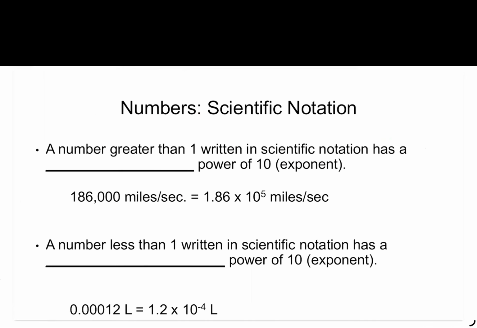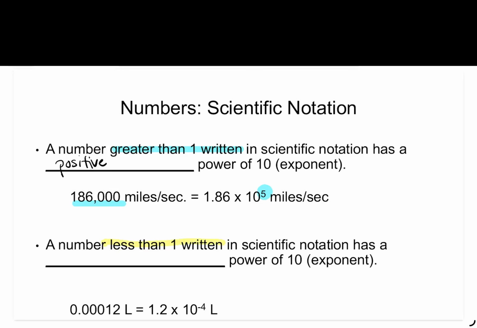A couple of things to note in scientific notation: a number that is greater than 1, like this example here, the speed of light in miles per second, has a positive exponent. Notice that's a plus right there. That can be helpful when you're looking at your numbers to know whether they're big or small. Big numbers have positive exponents.